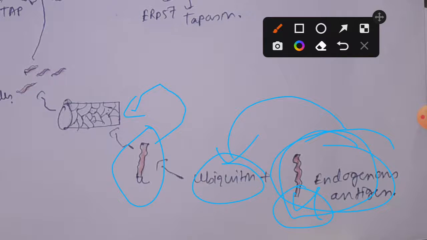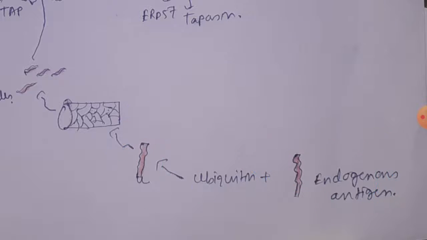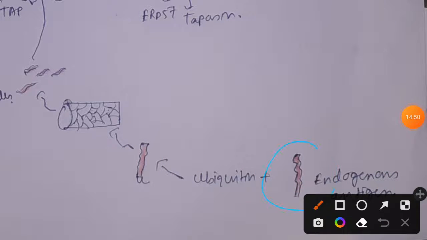This proteasome is present inside the cytosol and can facilitate proteasomal degradation via an ATP dependent process. So what I have told you is that first the endogenous antigen will form a complex with ubiquitin. Now this ubiquitin endogenous antigen complex will enter the proteasome. Let me write it, proteasome.